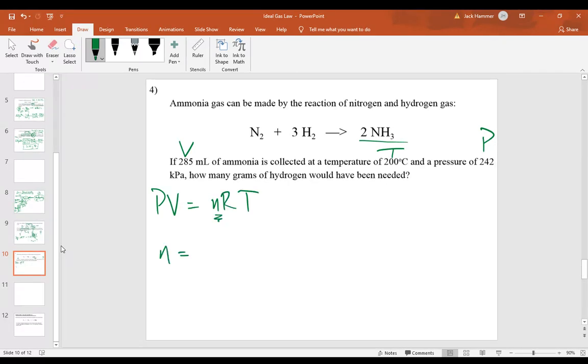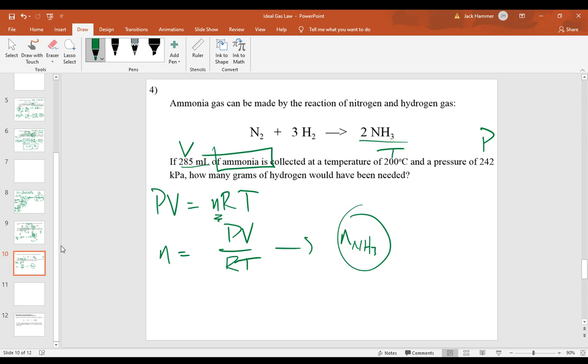When you solve for moles, you should get PV over RT. And in this case, you're going to be solving specifically for the moles of ammonia, because this information is talking about ammonia.